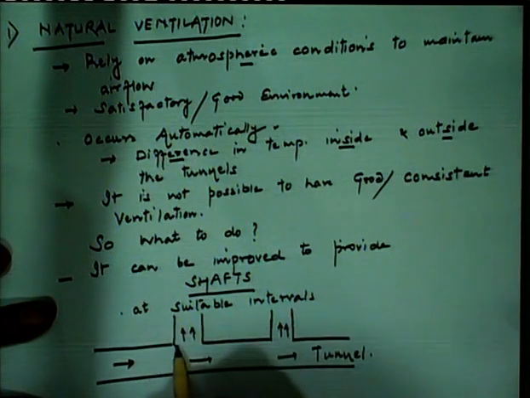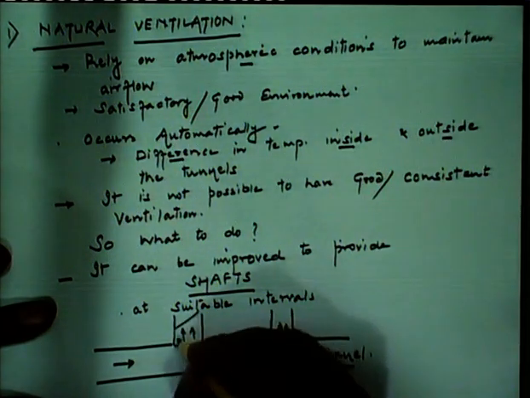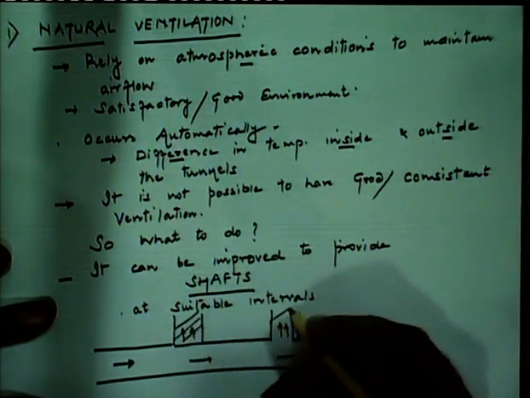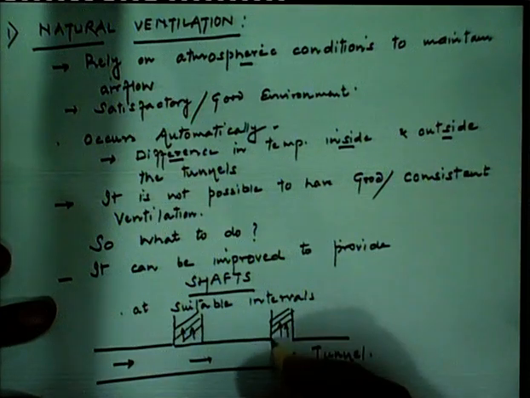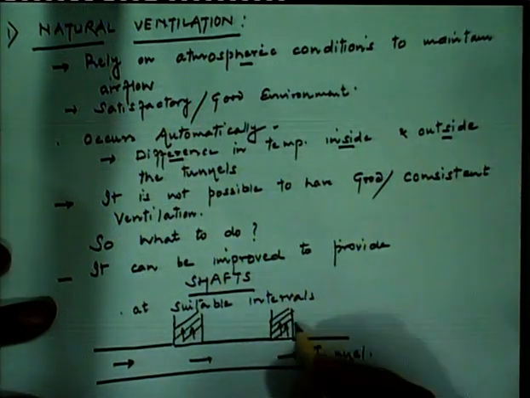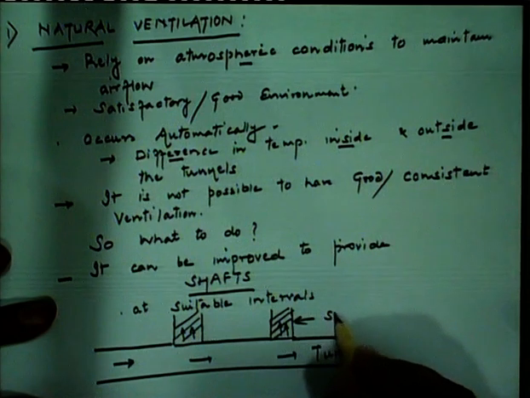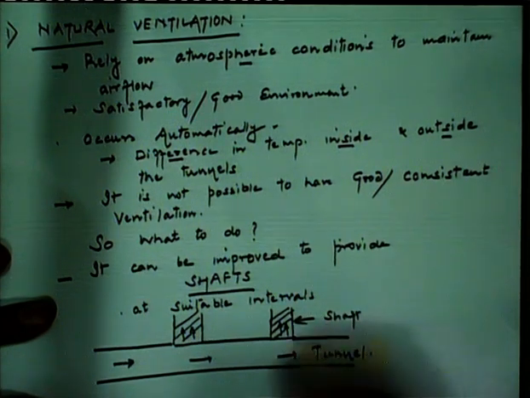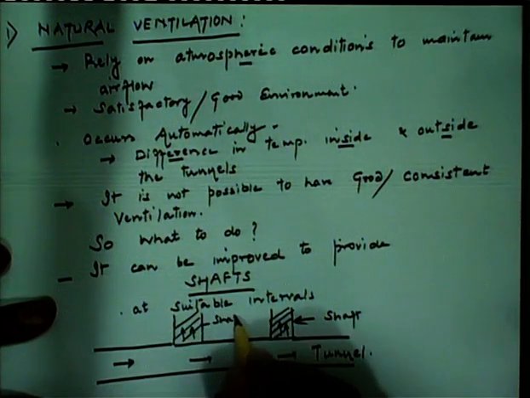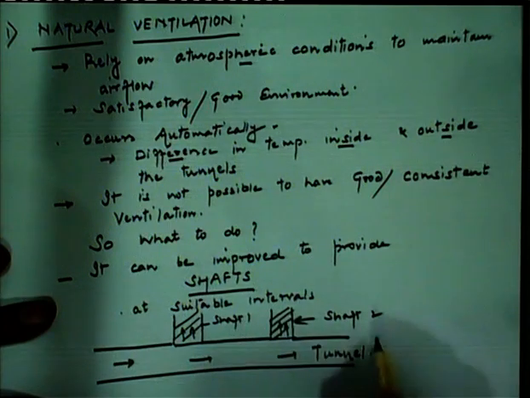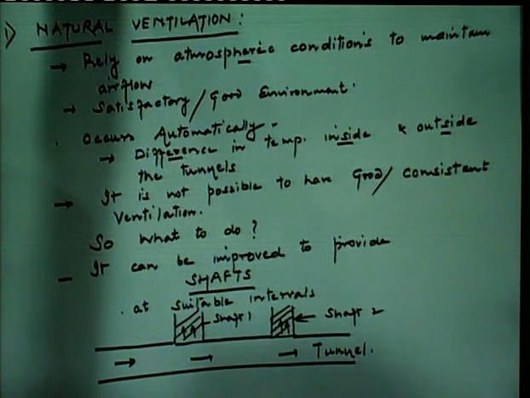If I shade these parts, it will be more clear. Now, these are the shafts. This is the first shaft, second shaft, and so on. You can provide a number of shafts depending upon the length of the tunnel.